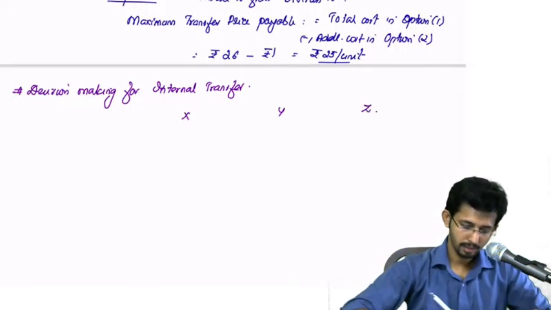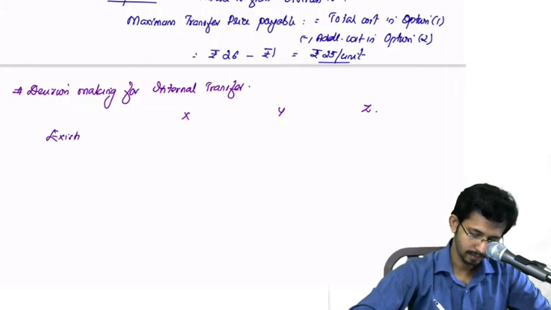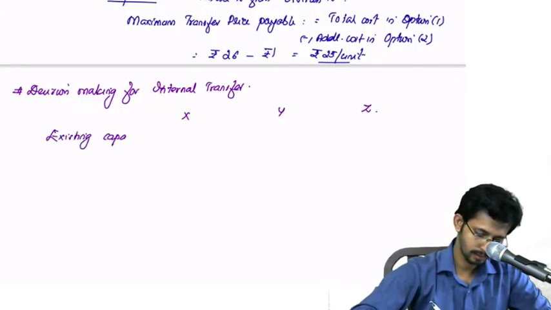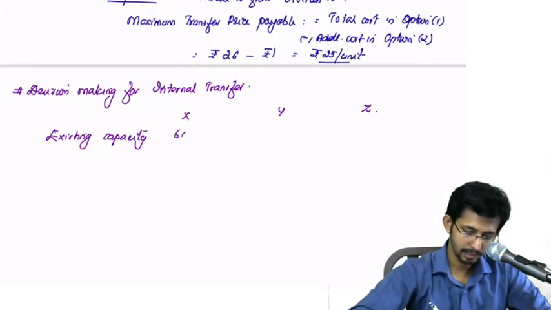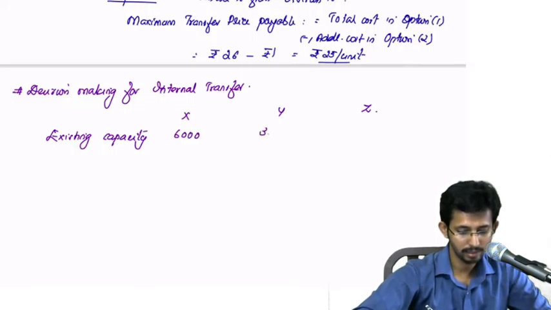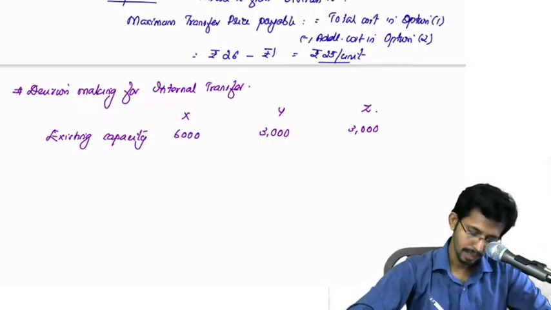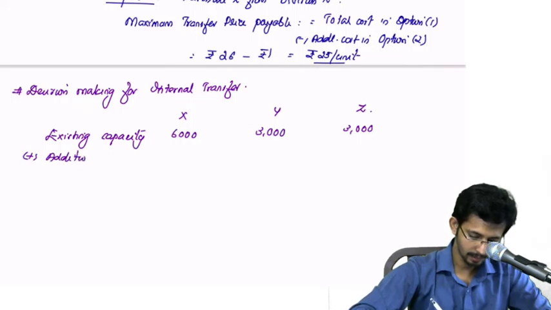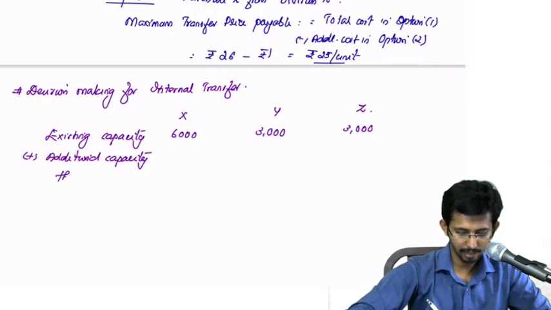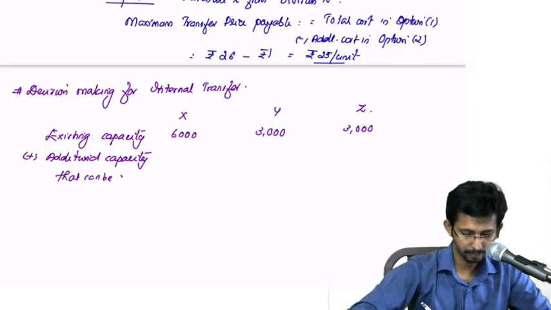Okay, now existing capacity. What is the existing capacity? It is 6,000 here, then 3,000 here, and 3,000, right? Okay, and if you want, you can increase the capacity. So additional capacity that can be added. They say that you can add up to 6,000.